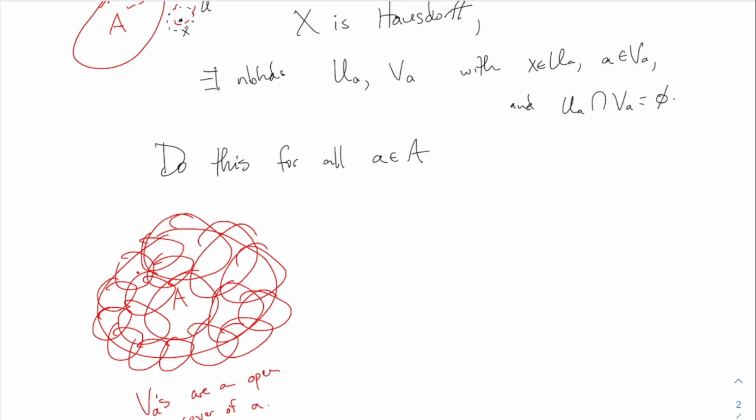What do all the U's look like? The U's, every one of them is a different neighborhood of X. And this is a little bit of a pain, but they all look like this. Each one of these is including X. So these are the UAs, all are neighborhoods of X, right?